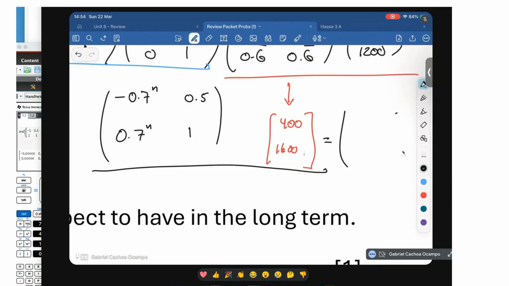So now I need to do negative 400 times 0.7 to the power of n plus 800 because I did this times this, and this times this, that is 400 times 0.7 to the power of n plus 1600.